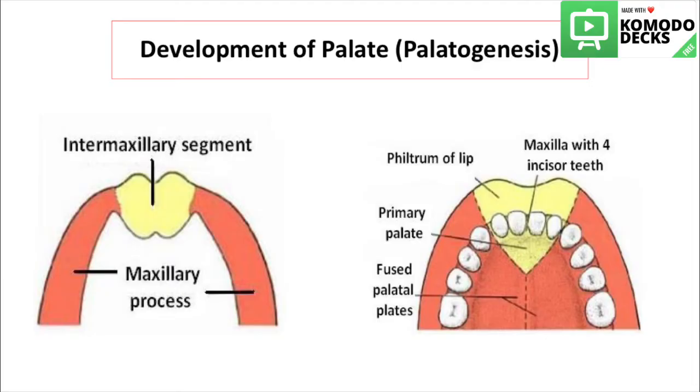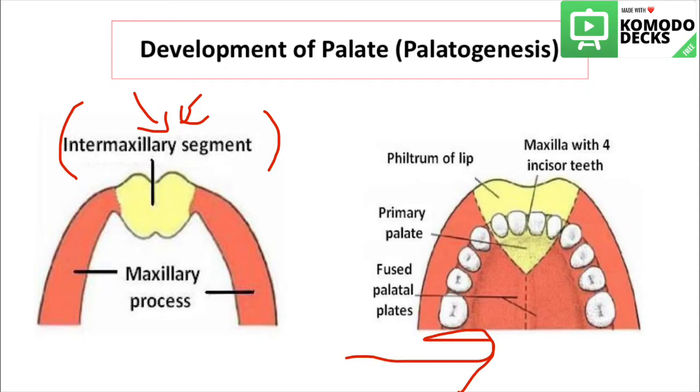The primary palate is a derivative from the frontonasal process, from the intermaxillary segment between the two medial nasal processes, while the secondary palate is formed by two palatal shelves that originate embryologically from the maxillary process. So the palate develops from two primordia, the primary and the secondary palates.